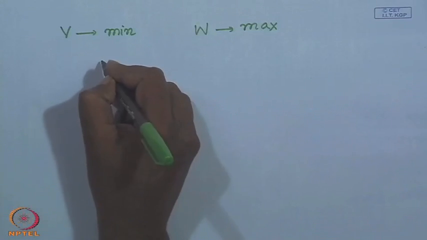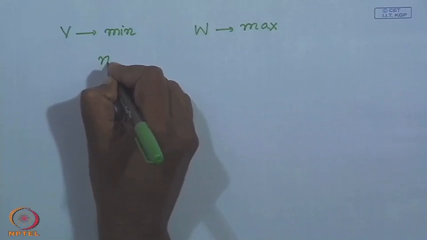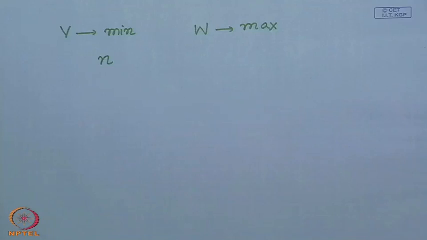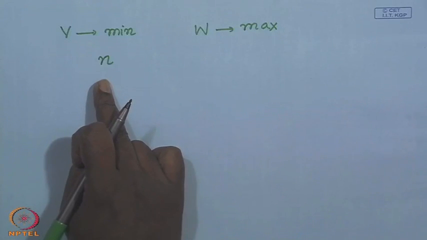I have defined my mean point and my max point. And suppose this is defined in an n dimensional space. N may be 1, it may be 2, it may be 3, it may be anything.